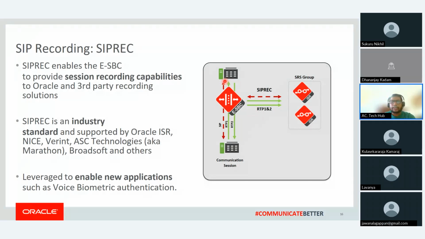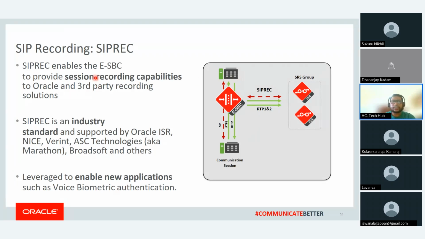And this is available for global SIPREC enablement. Either you can enable recording at the customer level, at a particular customer, or at a particular realm, as we call it in the SBC.